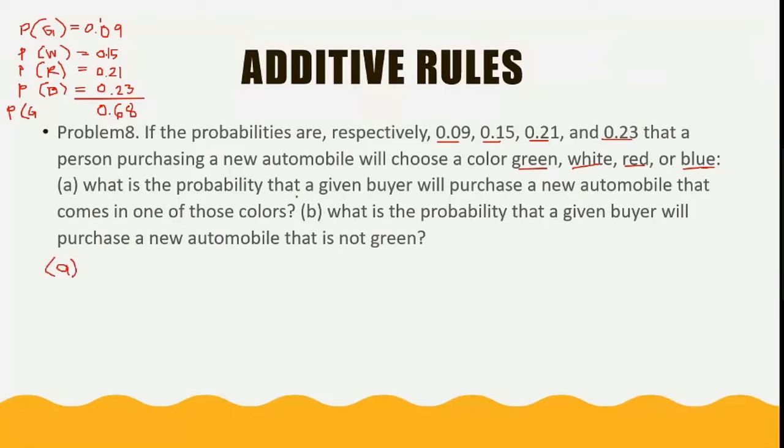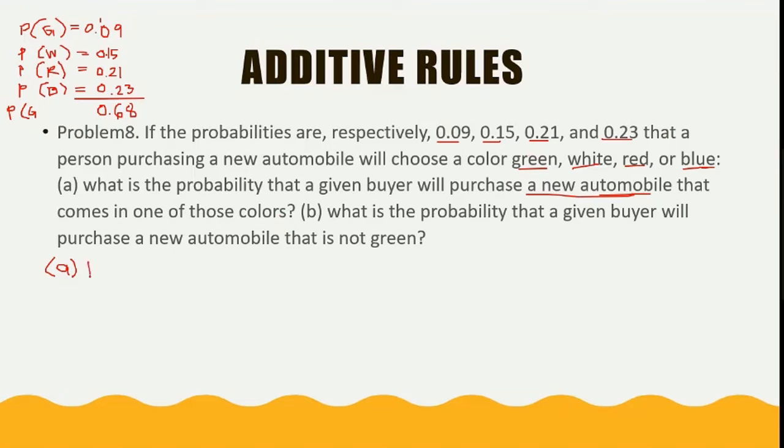What's the probability that a given buyer will purchase a new automobile that comes in one of those colors? So we'll get the probability that the person will select any of these automobile colors.